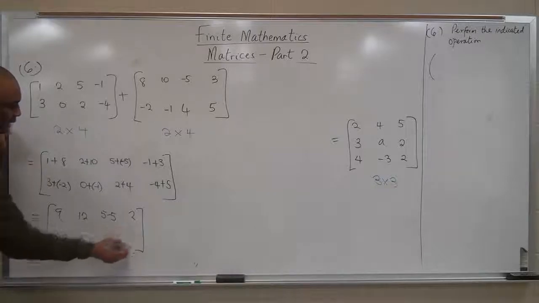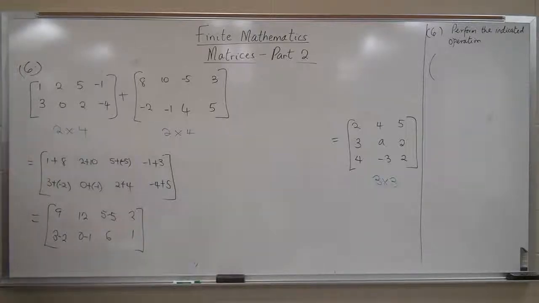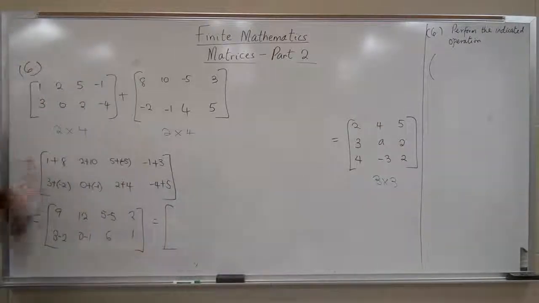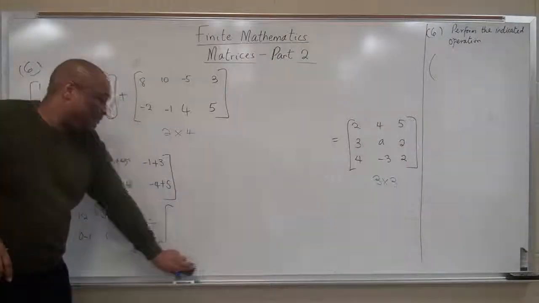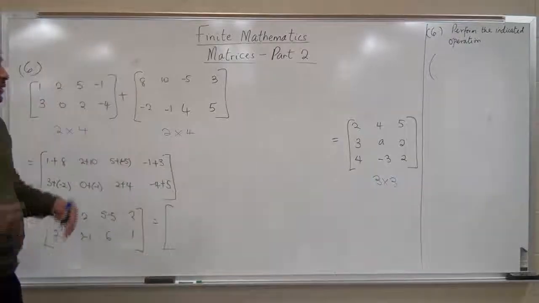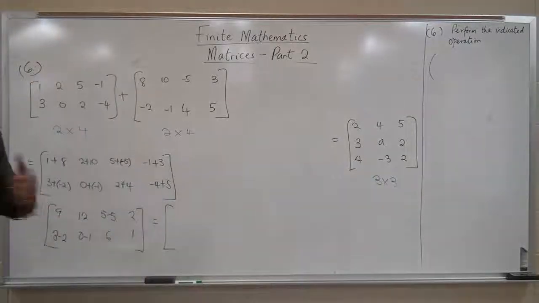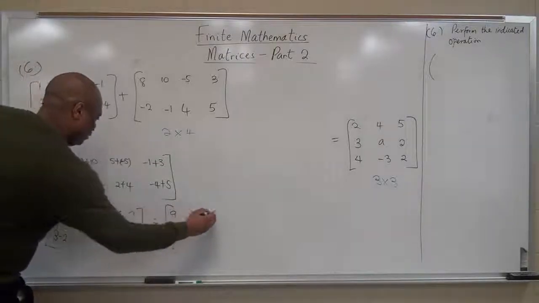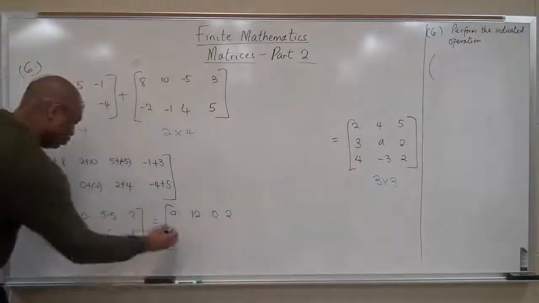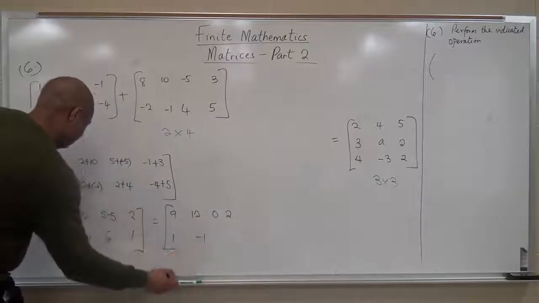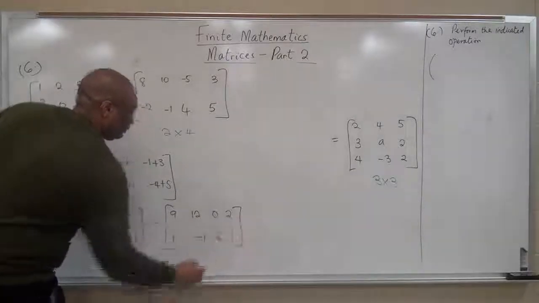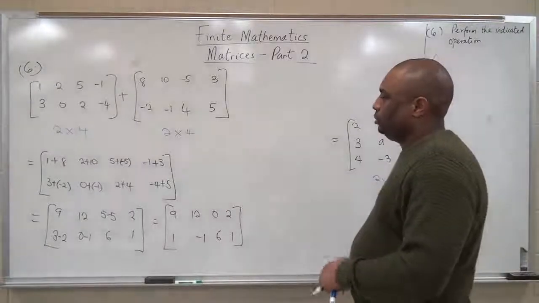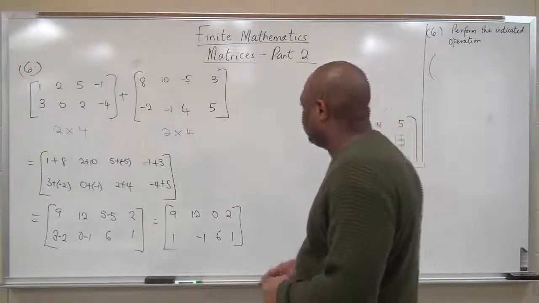This is 6, and this is 1. I know that some of you are very good at mental math. I am too, but I want to consider all my students. So this is 9, 12, 0, 2, 1, negative 1, 6, 1.